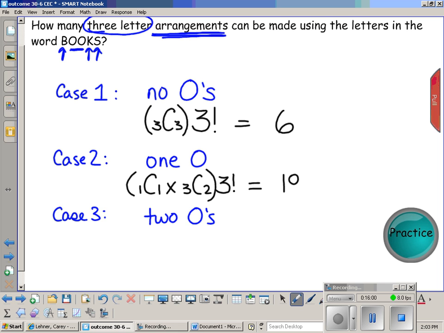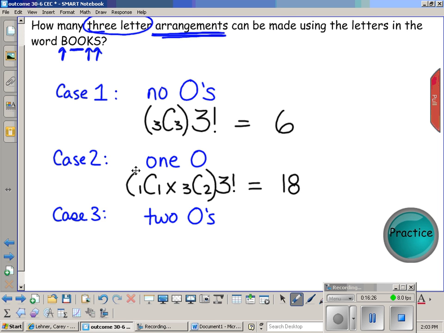So there are 18 different arrangements that have only 1 O. And these are smaller quantities, so if you can't visualize it right now, you could go through and write it out. You could take this word books and find all the possible 3-letter arrangements, and you would see that there are 18 of them that have just 1 O.